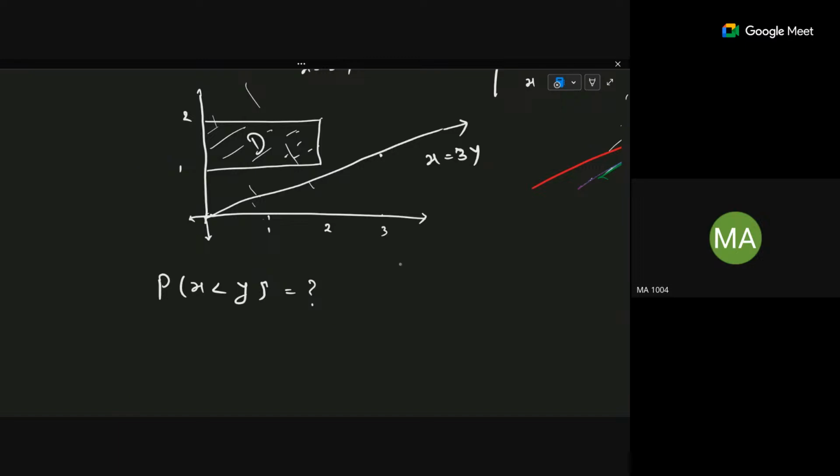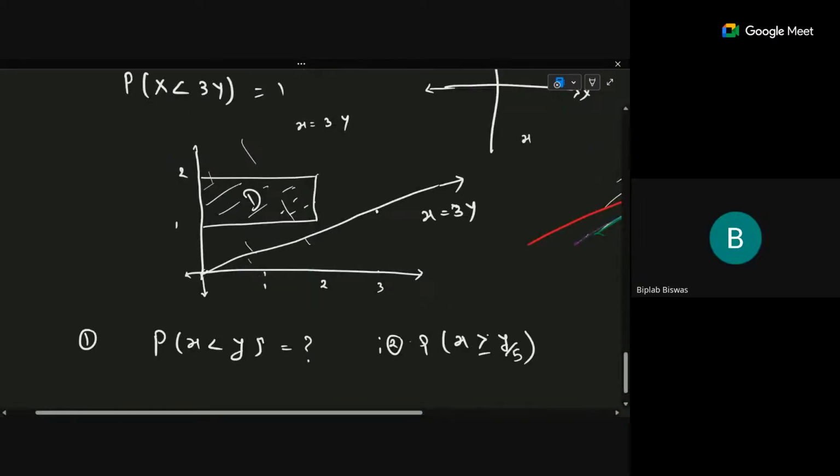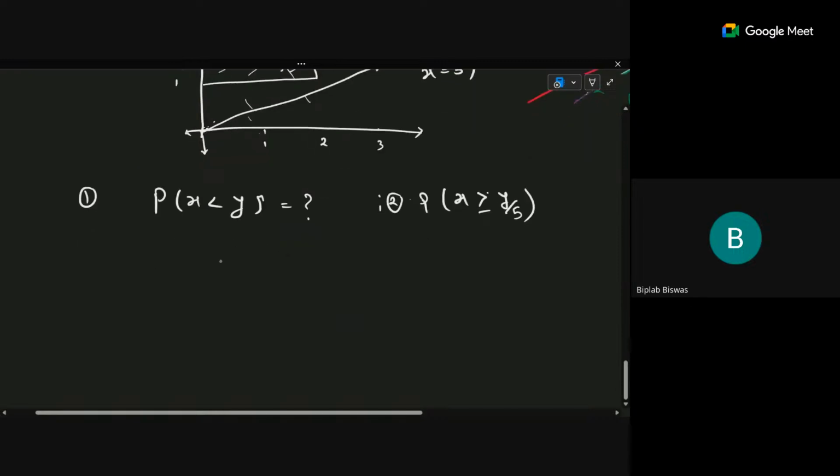First calculate this, then calculate x greater than y by 5. In the first part, x less than y, we will just draw the line x is equal to y, right? That is the half portion, the upper portion of the triangle.